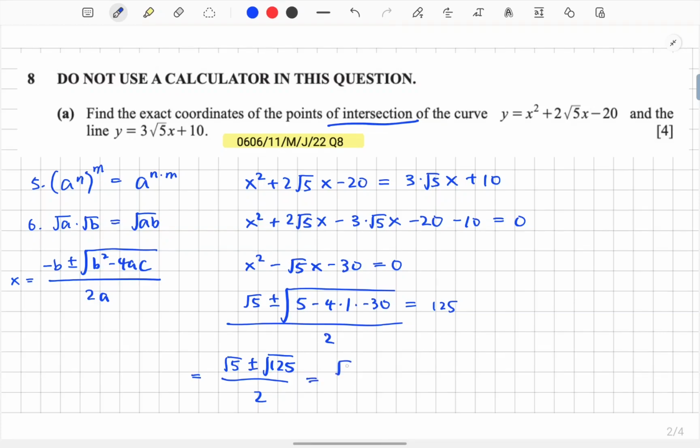And now we can even simplify the 125 into 25 times 5 in square root by applying rule 6, and 25 is a complete square of 5, so it can be simplified to 5 and still all over 2.